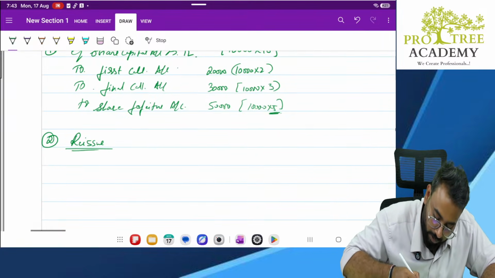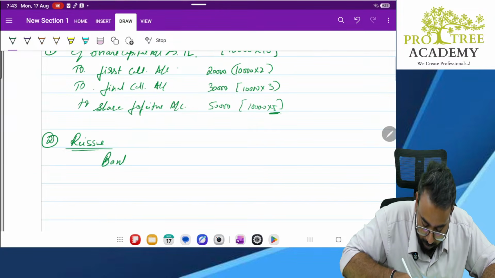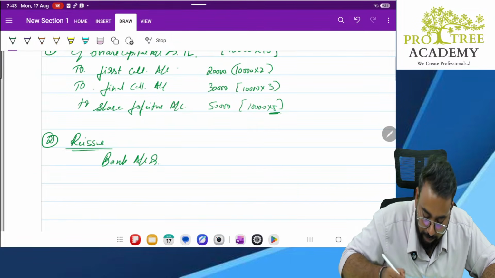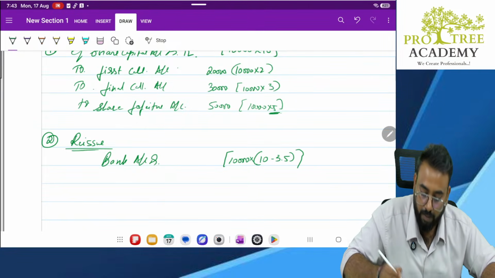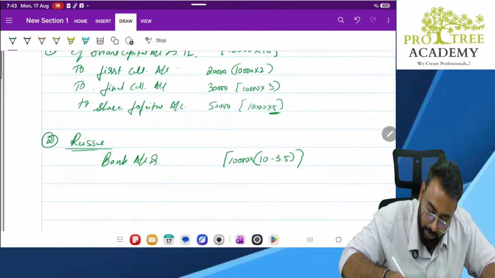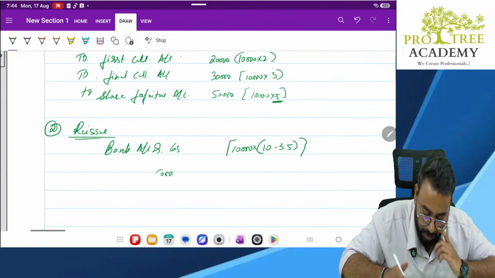Correct? So what is the entry for reissue? Bank account debit. What are the shares? 10,000 shares. But how much is the face value? 10. What is the discount? 3.5. So we have got 65,000. Correct?